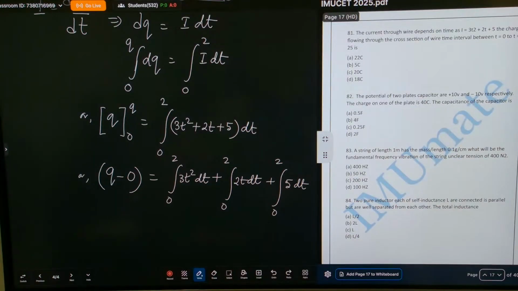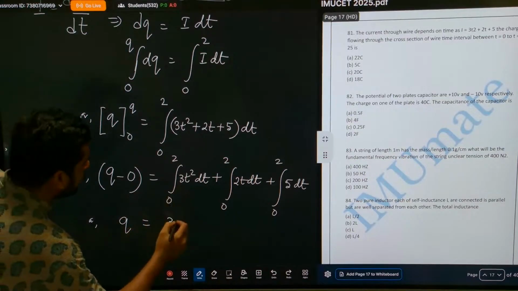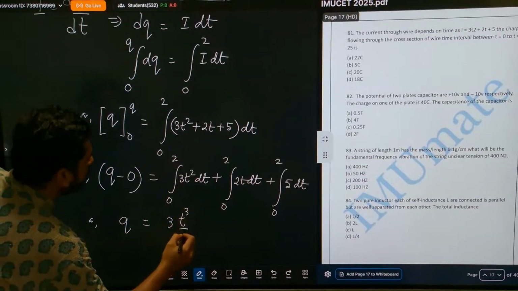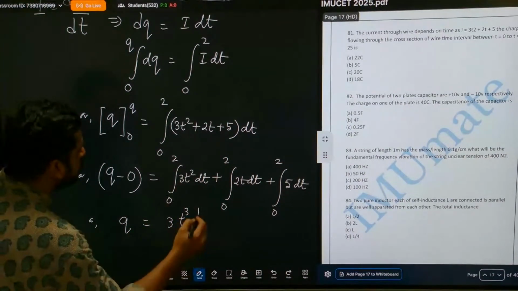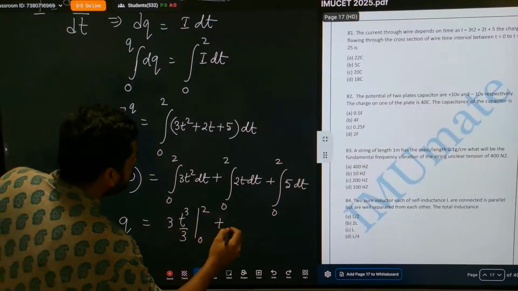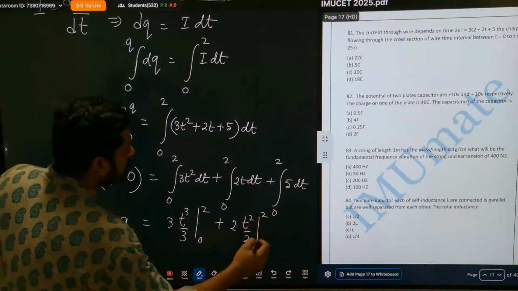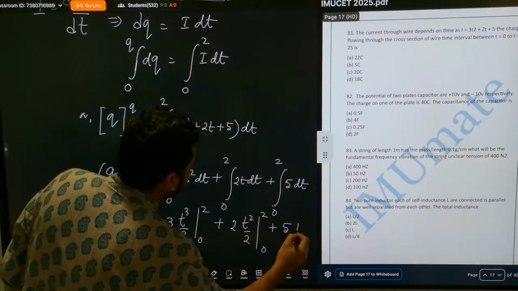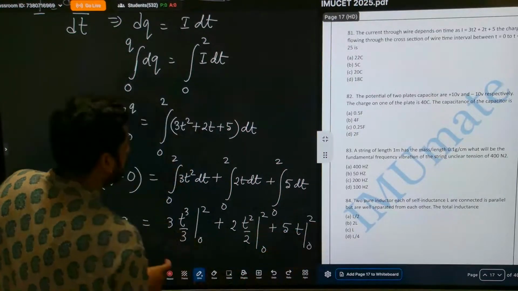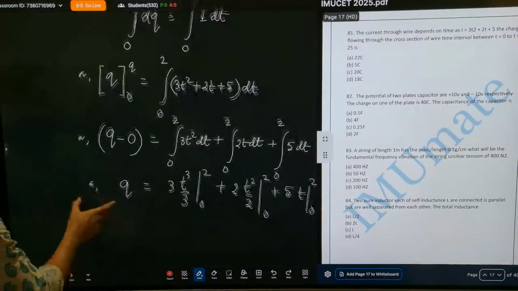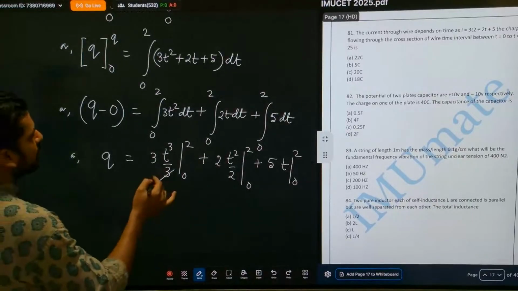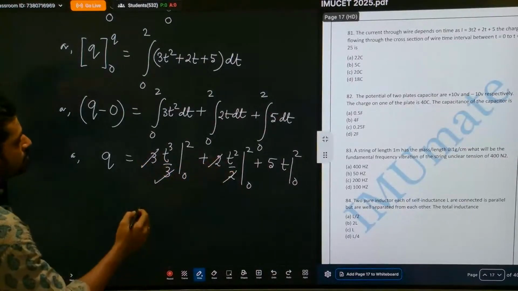Yes, Amit, you got this correct. So this is q, 3 t cube by 3 from 0 to 2, plus 2 t square by 2 from 0 to 2, plus 5 t from 0 to 2. 3 will cancel out, 2 will cancel out.